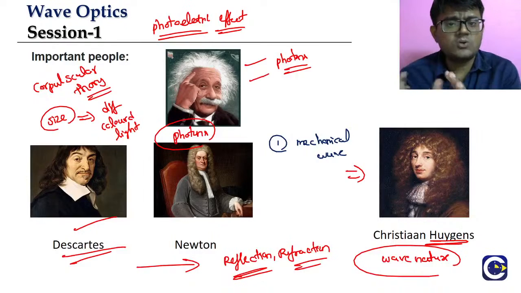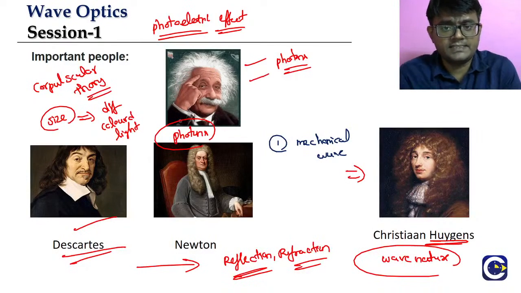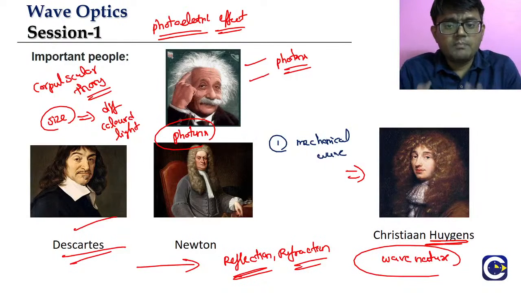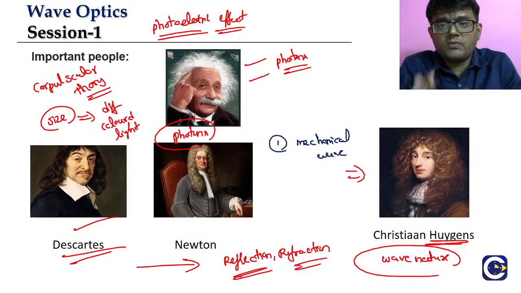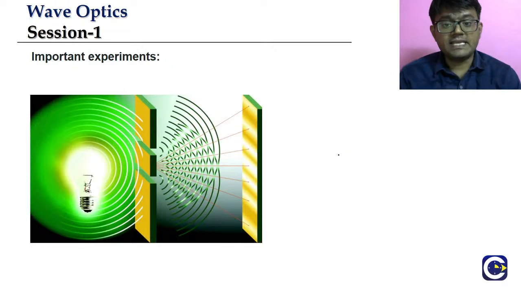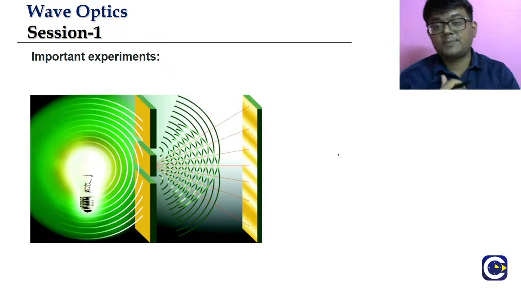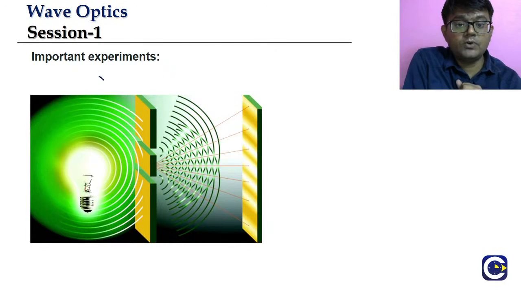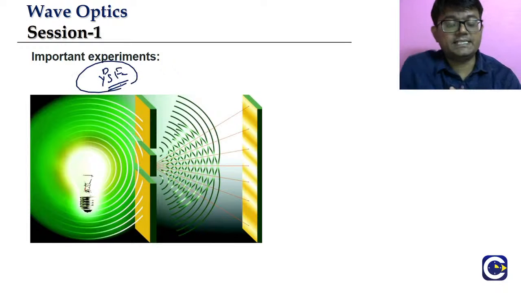And of course there are some drawbacks also. We will try to cover the drawbacks and the details of the Huygens theory. While initially people were not willing to accept the wave theory proposed by Huygens, Thomas Young came up with an experimental setup, which we are going to study as Young's double slit experiment, YDSE.